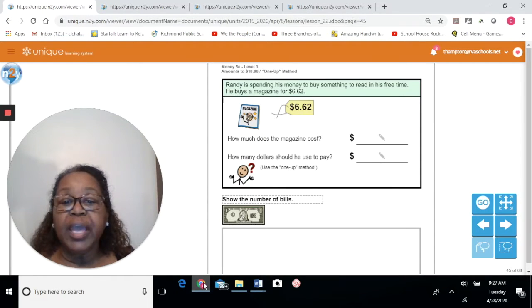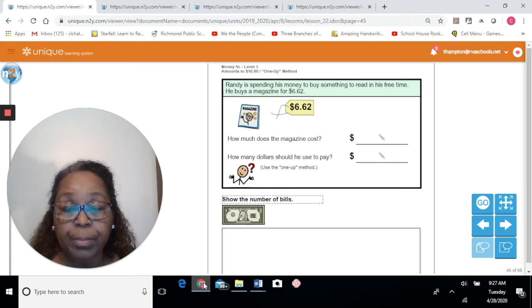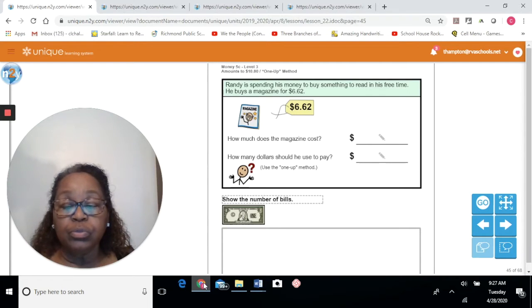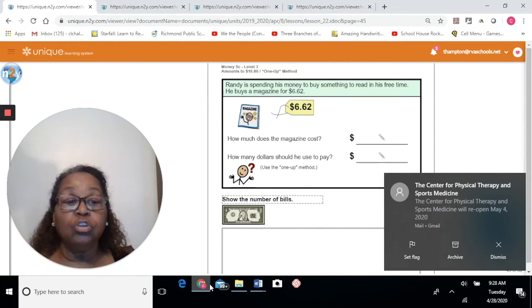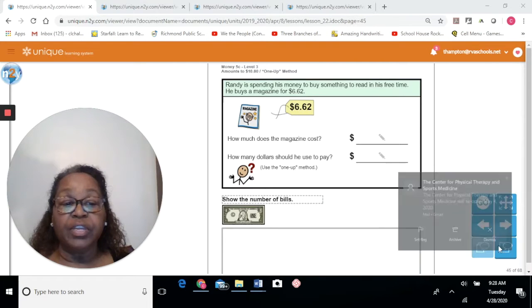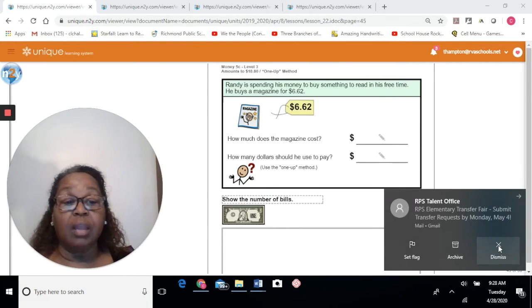We will be using a method called one up, where when you go to the store to buy something and it is for a dollar amount plus change, you give the cashier a dollar more than the price so that you are able to get change from the cashier. That way you don't have to count out change to the cashier. You don't have to have all of the information, all of the dollar value.